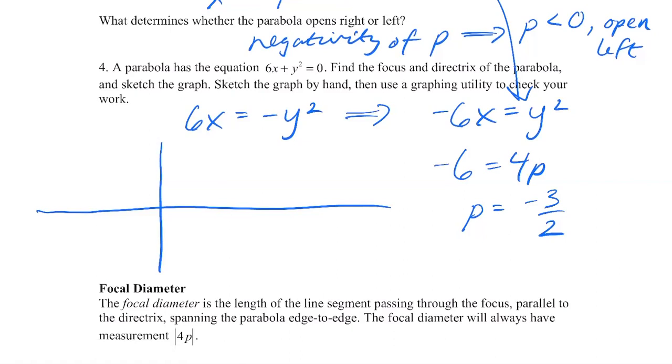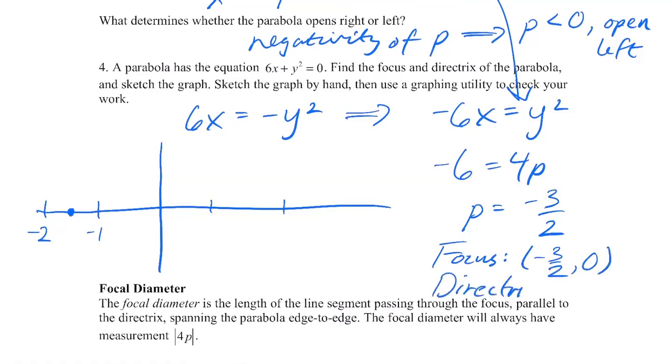If p is negative 3/2, then that means that if this was 1 and this is 2, my focus lives right there. And by extension, my directrix will be a positive line. It'll be x equals 3/2. It'll be the exact opposite side.